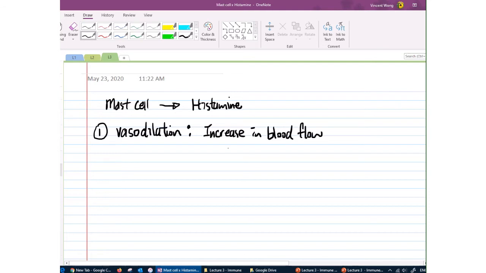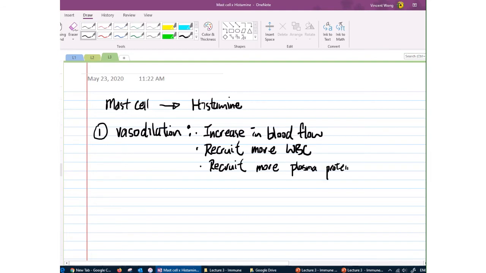By having an increase in blood flow, you're going to be able to recruit more WBC, white blood cells, right? Because you're having a cut, you're having an infection, it makes sense to recruit more WBC to the site of infection so you can deal with it. And you can also recruit more plasma protein.